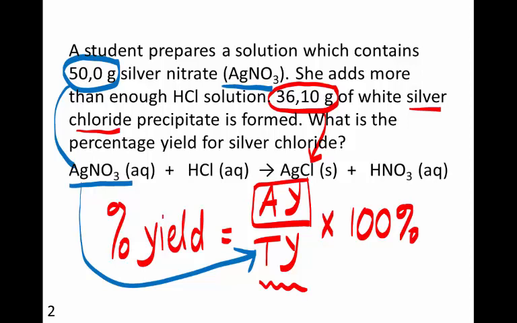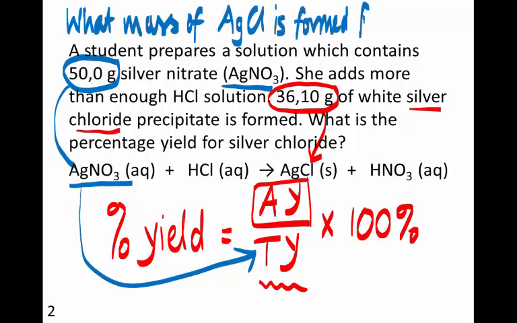So we have to make our own sub-question from that, and that is: what mass of silver chloride is formed from 15 grams of silver nitrate? That's another way of asking what is the theoretical yield of silver chloride when 15 grams of silver nitrate reacts. So we need to answer this sub-question first.